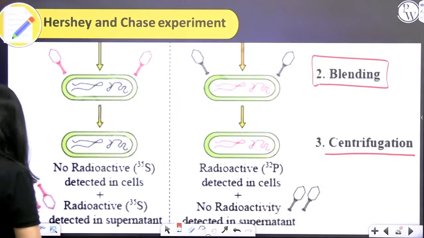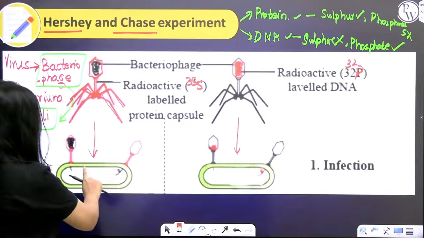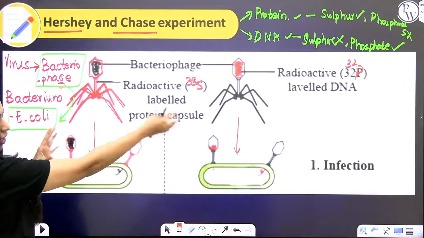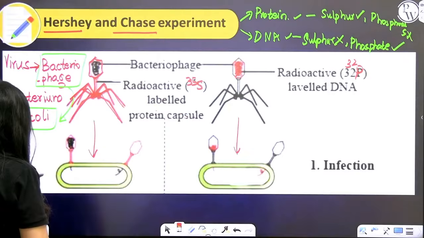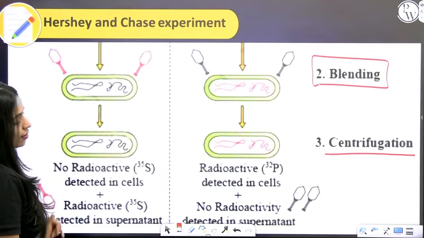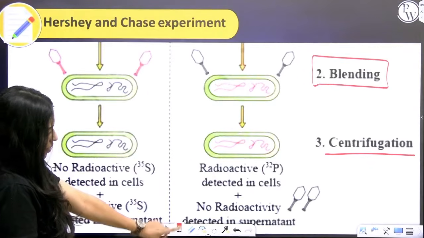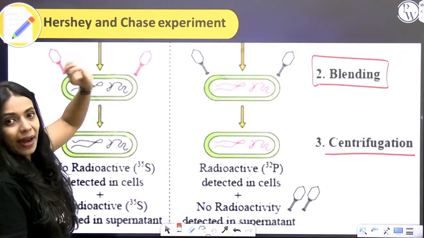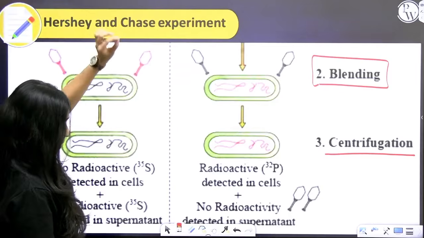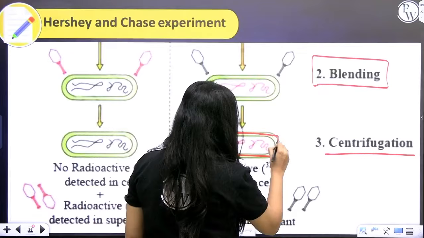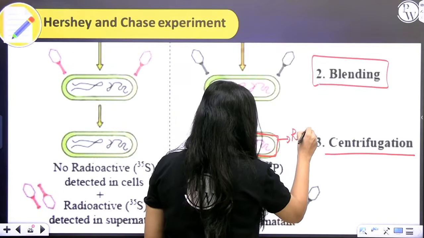Now, if you see, the bacteria itself was not radiolabeled. Two sets of bacteriophages were radiolabeled, right? After they tested for radioactivity, in whichever set of experiment the DNA of the bacteriophage was radiolabeled, in that set the bacterium also showed radioactivity.